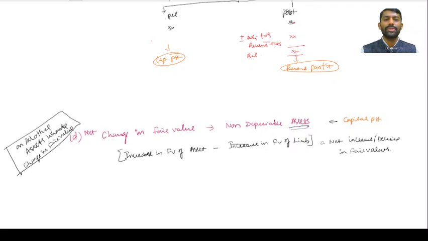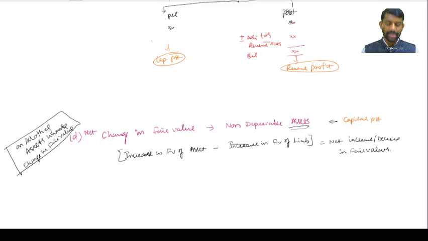If it is post-acquisition, in the case of general reserve we call it a revenue reserve, and in all other cases it is called revenue profit. That is CP, RR or RP.